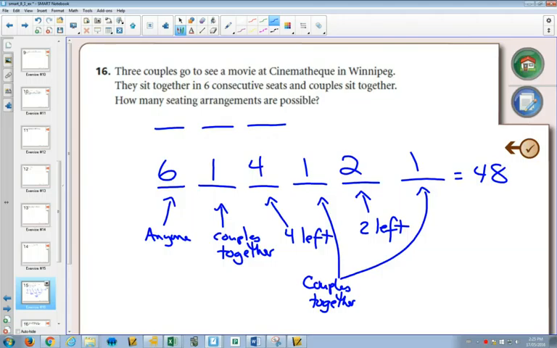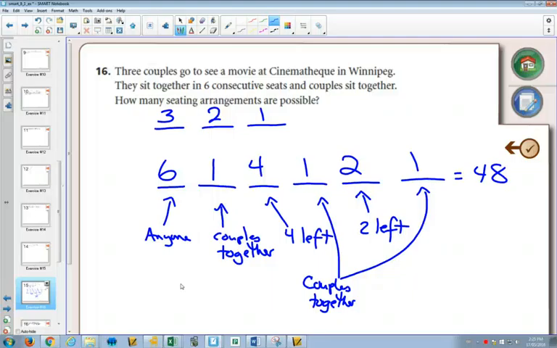If you start by thinking couples and you keep them together, how many couples could sit in the first 2 seats? There's 3 choices, right? Because they're all there. Then there would be 2 couples that could sit in the next 2. Then 1 couple that sits next. That only gives you 6 possibilities. But can you see that for each of the couples, they could be this way or this way?